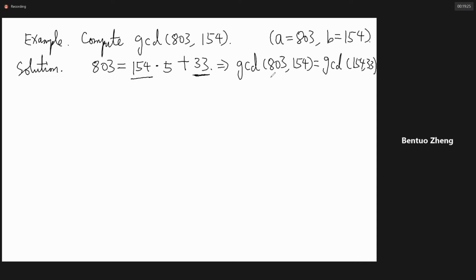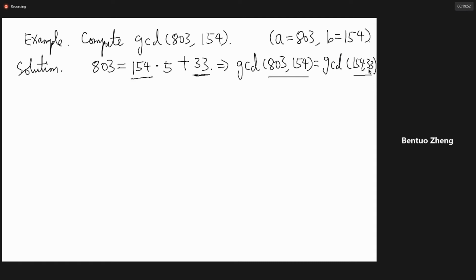So you can see we actually go from here to a smaller pair of numbers. And then, of course, we can use the lemma again to reduce one more time. Now this time you should remember 154 is the larger number, A in the lemma, and 33 is B in the lemma.